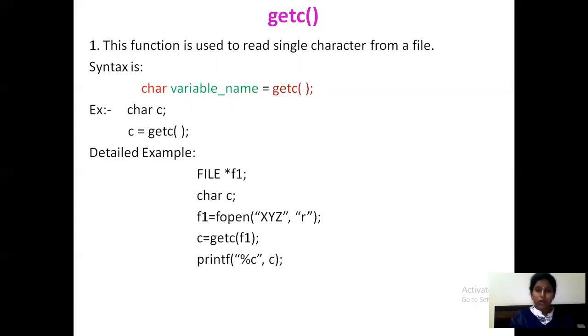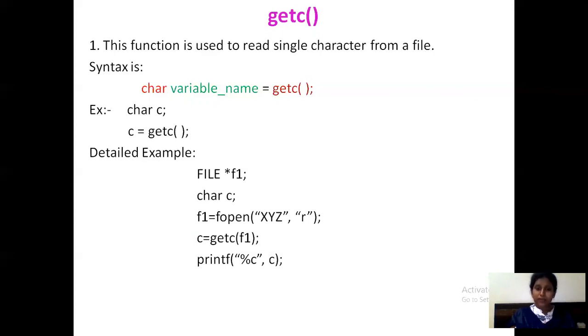But now see how getc and putc work. The general syntax for the getc function is: character variable name is equal to getc. For example, char c; c is equal to getc, with FILE star f1. You don't know about the concept of files yet, so don't bother about those statements. You are opening a file, and a file is always opened in a mode, either read mode or write mode.